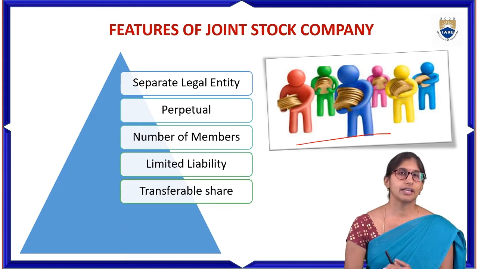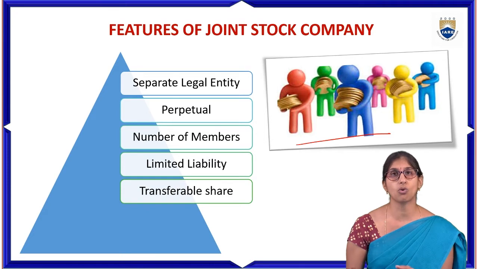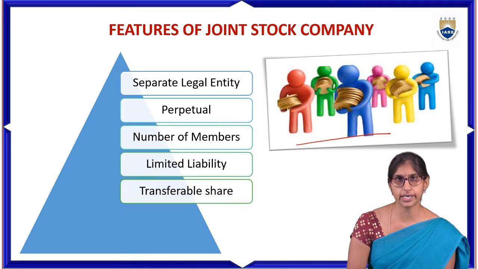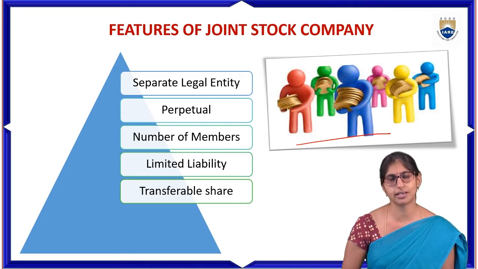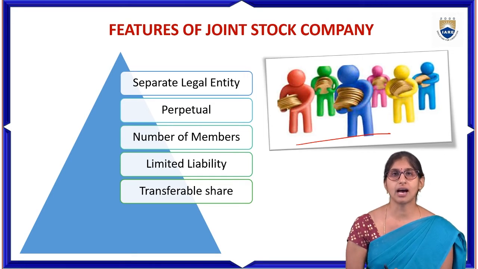Whoever are the shareholders, we call them owners of the business. Of course, shareholders are of different types, like equity shareholders, preference shareholders, and debenture holders. We generally call equity shareholders the owners of the business.